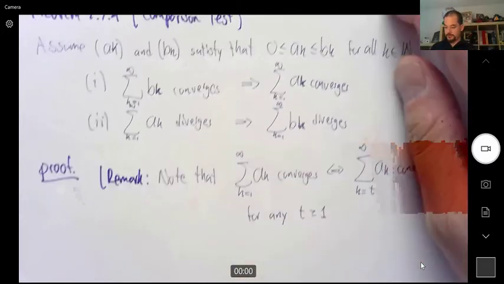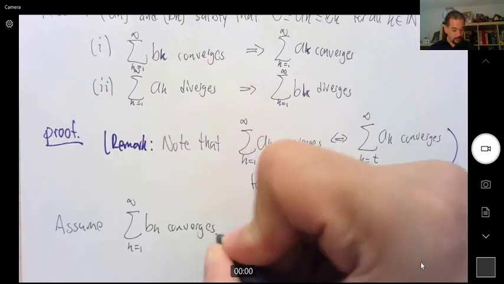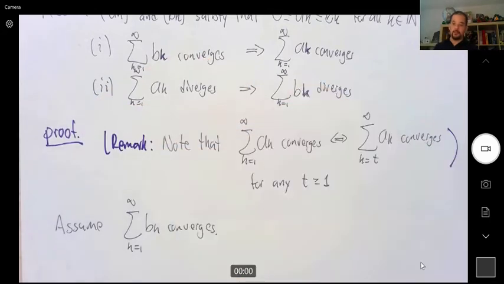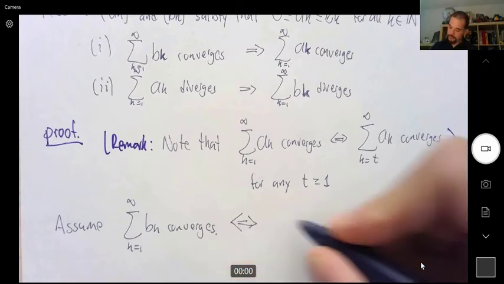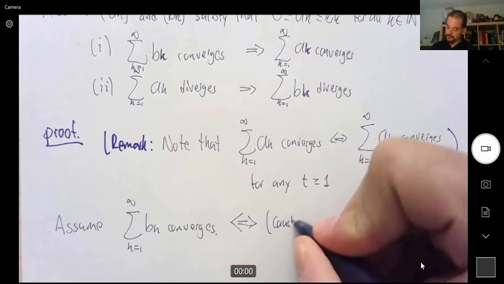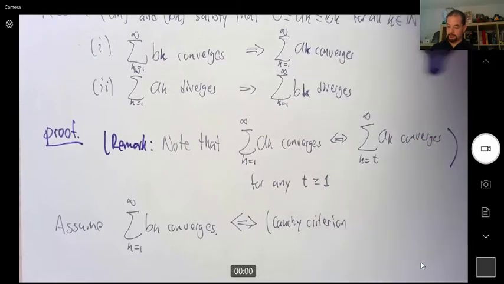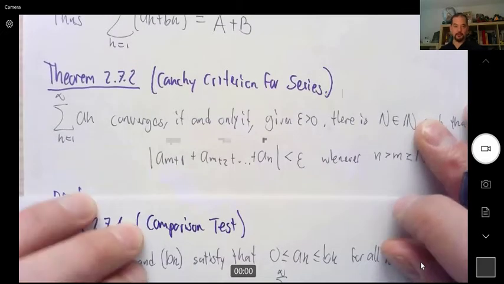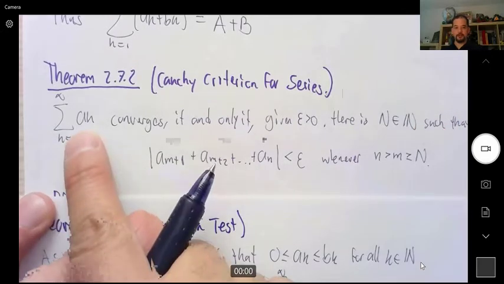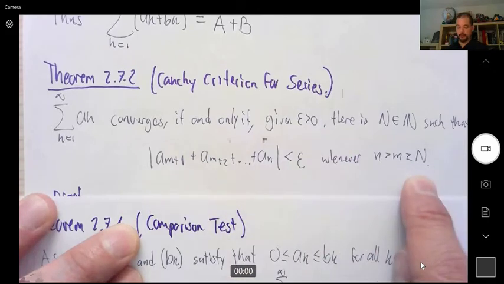So we're going to assume that the sum of b_k converges. And what is the meaning of this? Well, according to the Cauchy criterion, let's put it back right here, right? We say that some series converges means that for every epsilon, we can make this happen. I'm going to rewrite it.